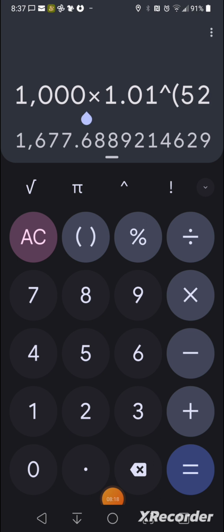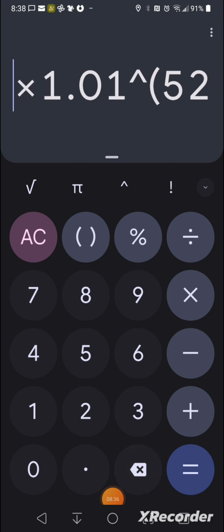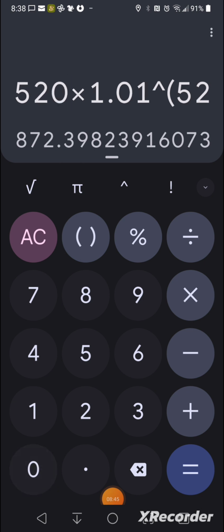Right? Let's compare to that example, which is a good one. So it's 52. I'm going to say you buy one lottery ticket, so you spend $52 a year. But if you do it for 10 years, it's $520.